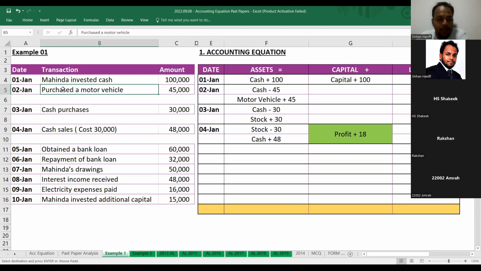When the business is buying, the business cash will reduce and the motor vehicle will increase. If capital were to increase, the transaction should be that the owner invested a motor vehicle. Then capital will increase, and the motor vehicle also will increase. This is not the owner investing a vehicle. This is the business buying a vehicle from business cash. Is it clear?